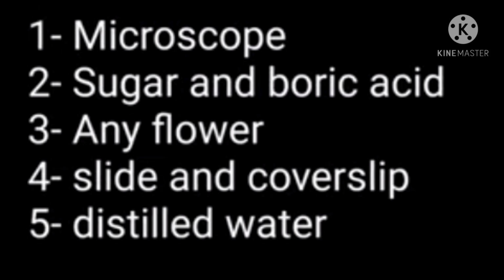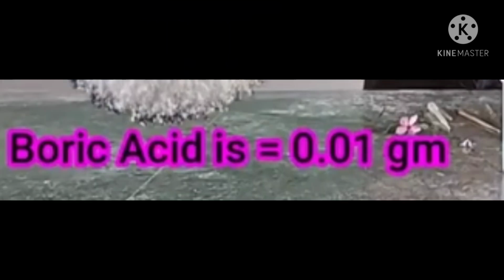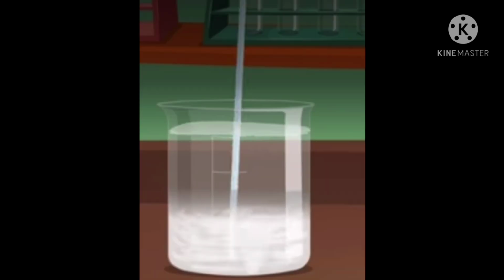Now for making of the solution, you require first of all boric acid. So how much? 0.01 gram boric acid you require. Then calcium nitrate, it requires 0.03 gram, and as I told, sucrose sugar, which is 10 gram.